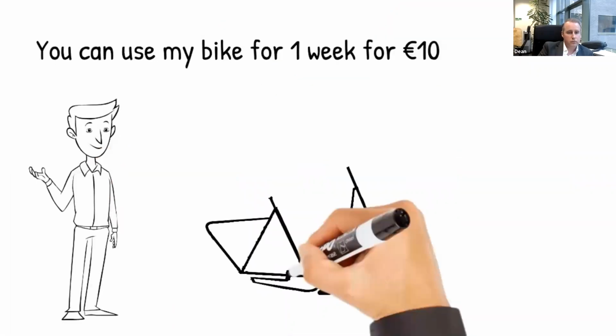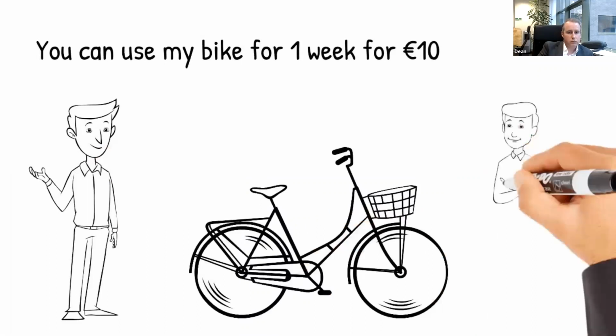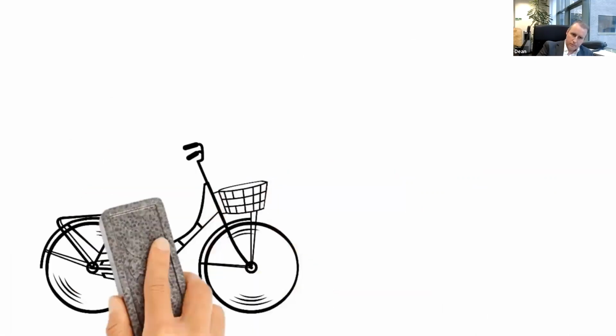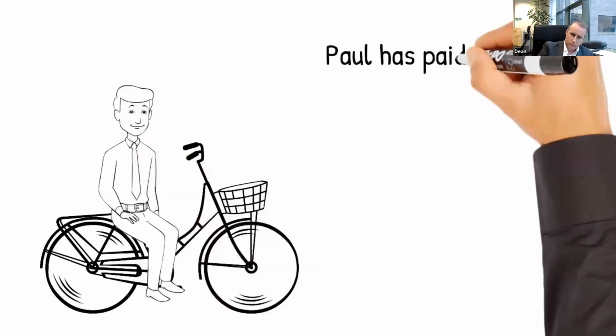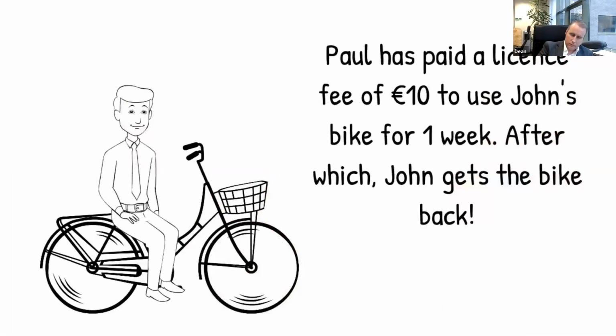In effect, what John has done is he has granted Paul a license to use his bike for 1 week and for a license fee of €10. Once the term completes, all of John's proprietary rights to his bike will revert back to him. In other words, he'll get the bike back.